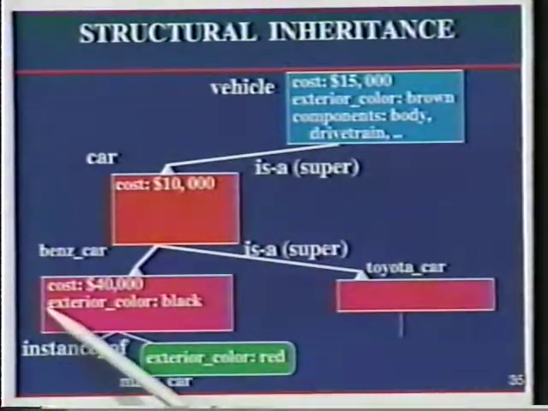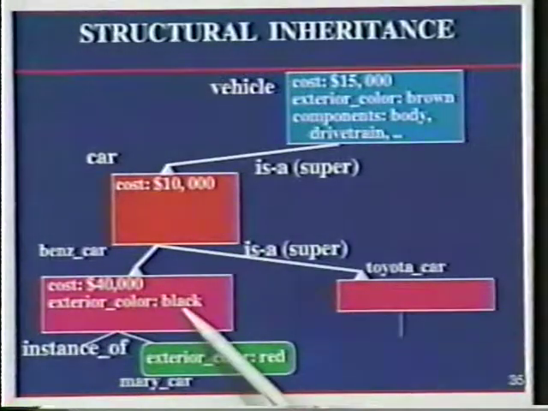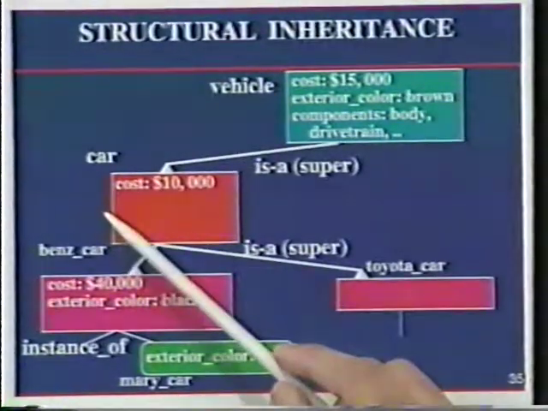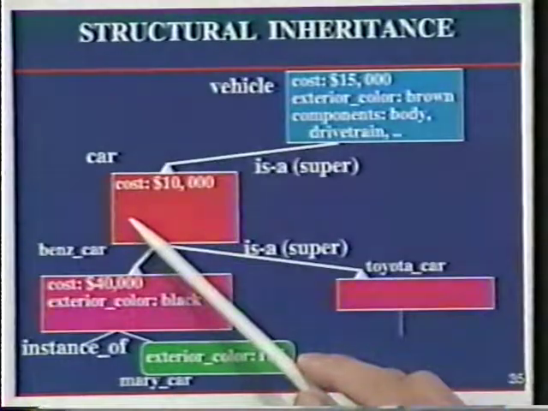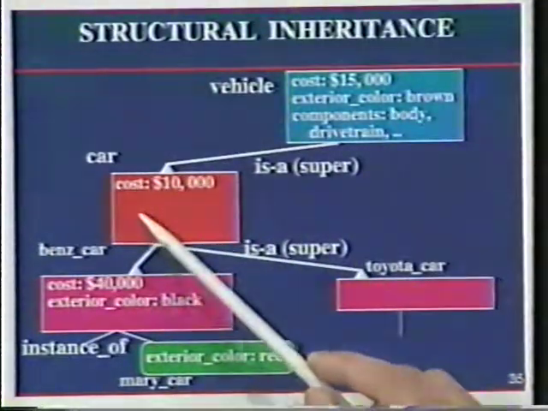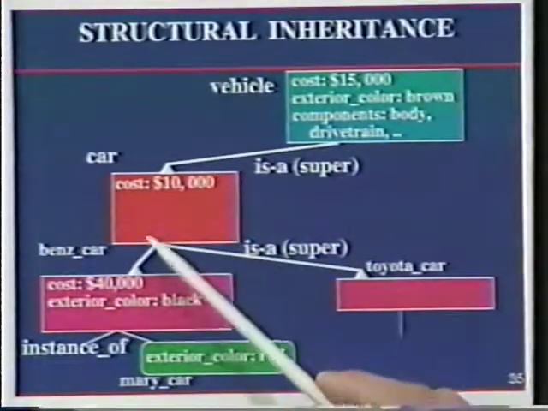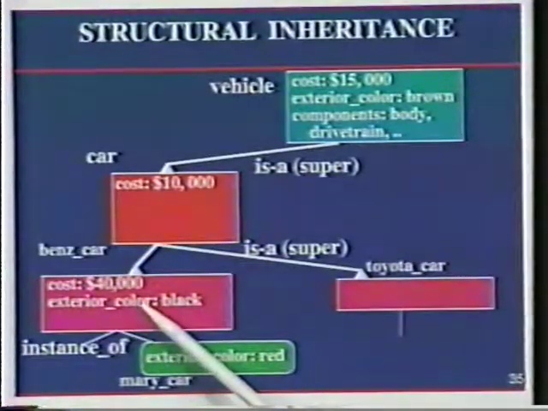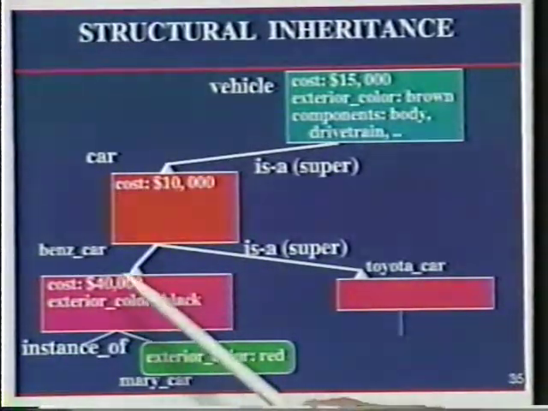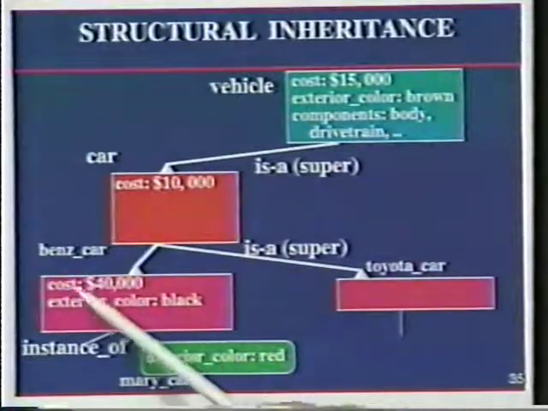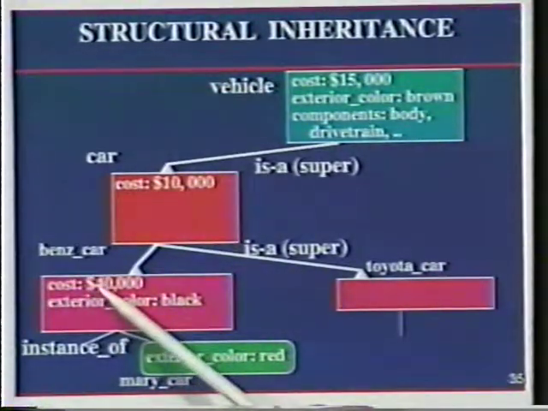So if I ask the exterior color here, I get the answer black. If I ask the exterior color here, I get the answer brown, because I have inherited brown from here, but I overrode the brown and made it black. Similarly, I took the cost and changed the cost to $40,000 as such.